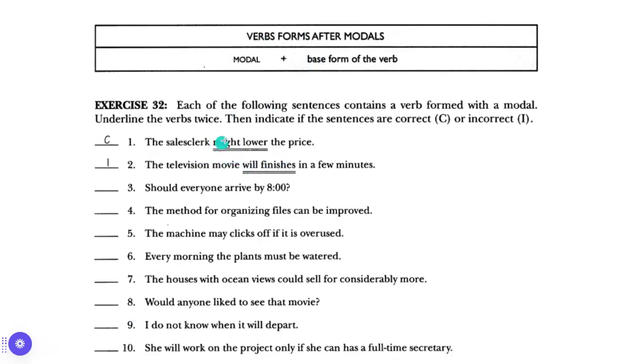Correct. Might lower. The verb lower is in a base form. The television movie will finishes. Wrong. Will finish in a few minutes. Okay? So continue on your own.